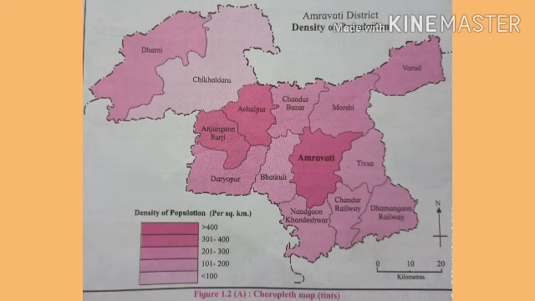Apart from that, the talukas having population density less than 300 persons per square kilometer are Dhamangaon Railway, Chandur Railway, Tivsa, Nandgaon Khandeshwar, Bhatkuli, Daryapur, Chandur Bazar, Morshi and Chikhaldara.